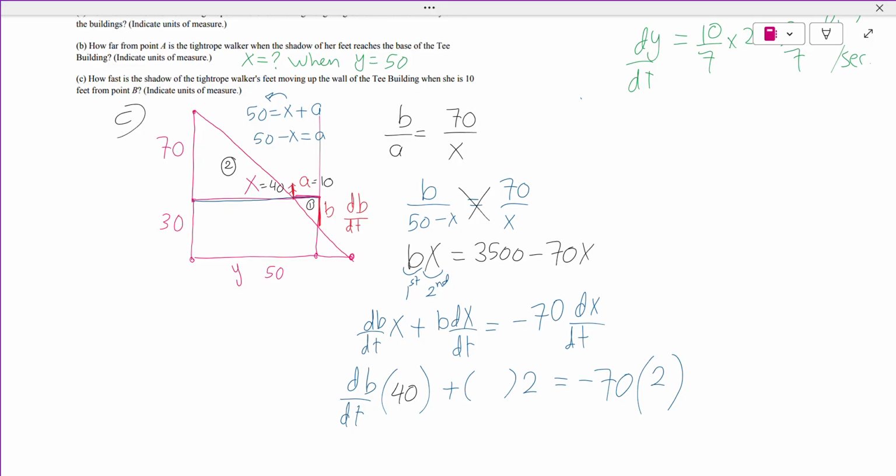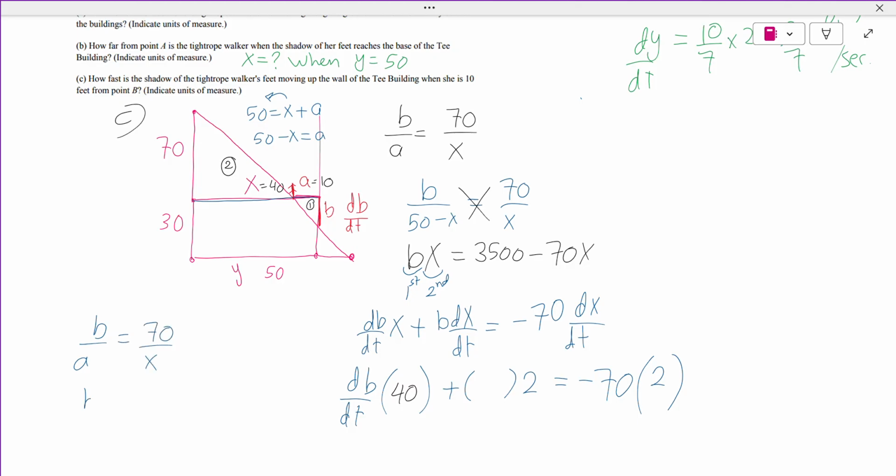So how do we find B from the graph? You've got to go back and find the value of B by using the same proportion we used at the beginning. B over A equals 70 over x.